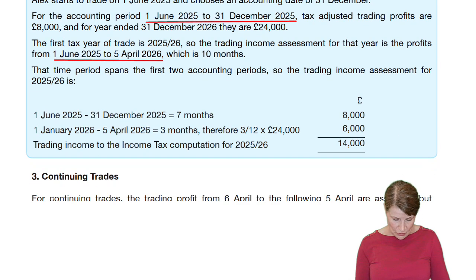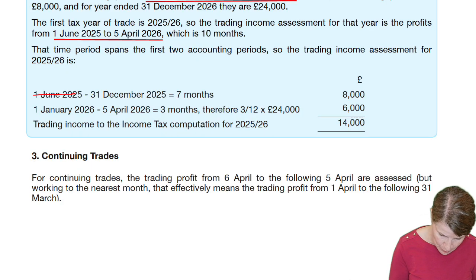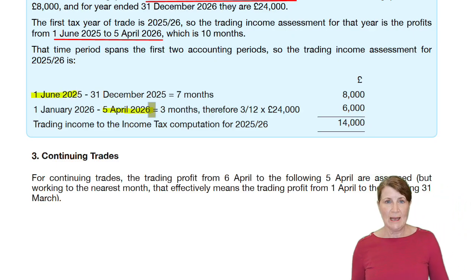And that gives us our profits from the 1st of June 25, when we started to trade, up until the end of the tax year, which is 10 months. And we get assessed on £14,000 in 2025-26.